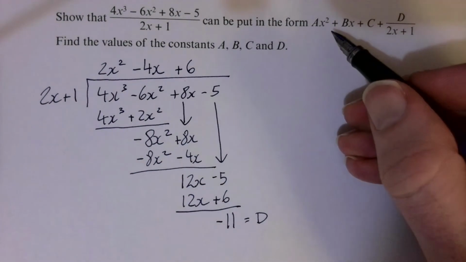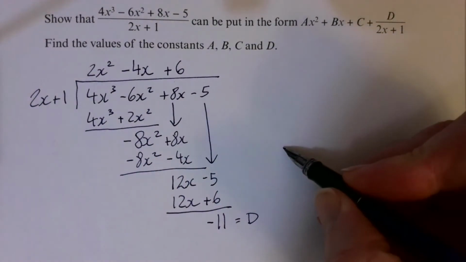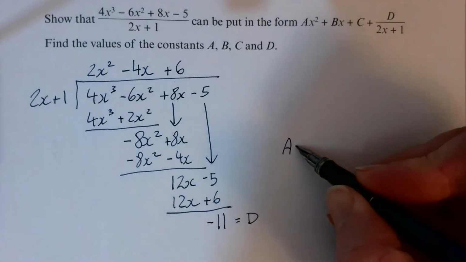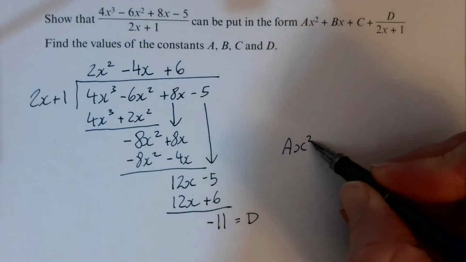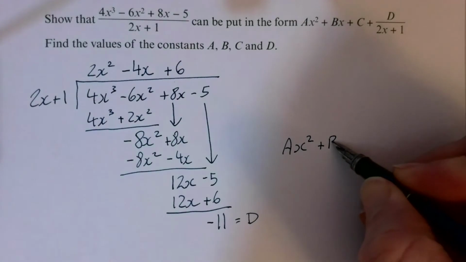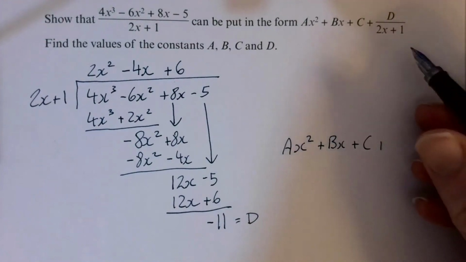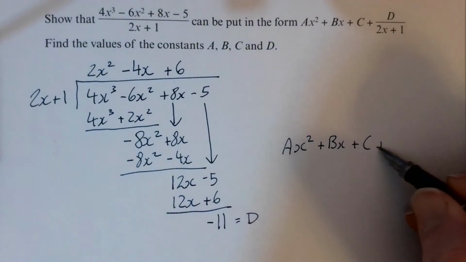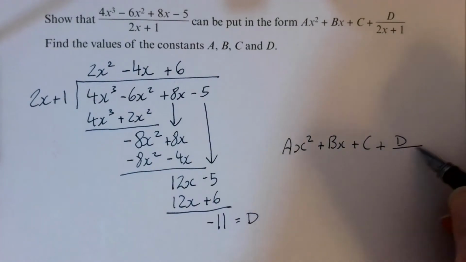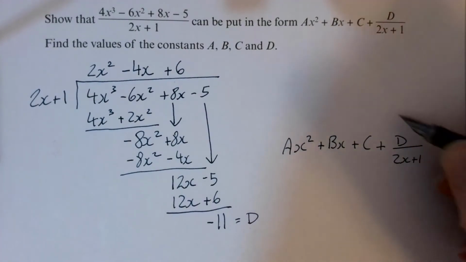So if we're looking at what we've got over here now, we've got ax squared plus bx plus c plus d over 2x plus 1.